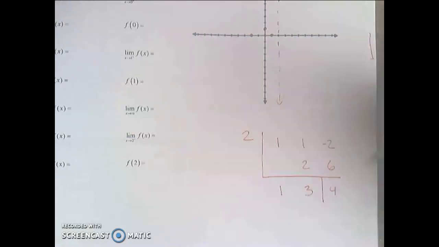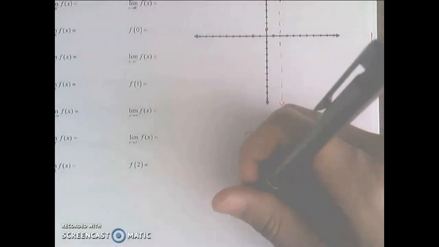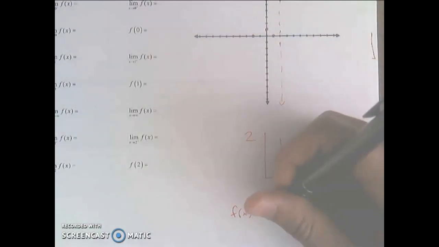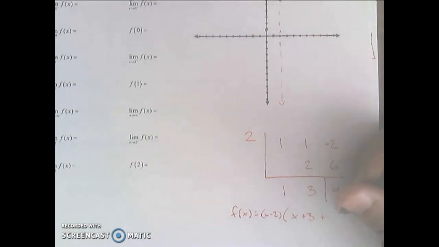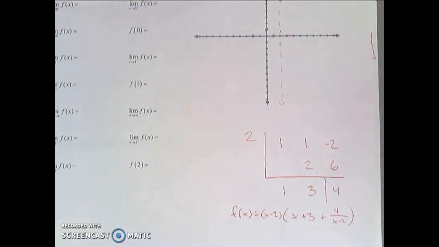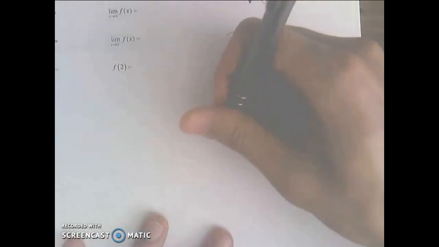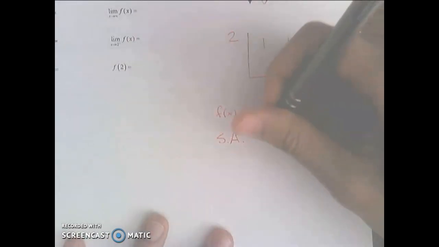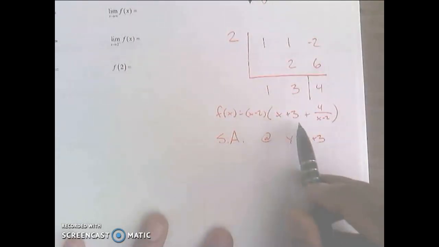So this would be 4. So then we could say that f of x is equal to x minus 2, what we divided out, times x plus 3, plus 4 divided by x minus 2. So then we have a slant asymptote at y equals x plus 3. That's that linear equation there.